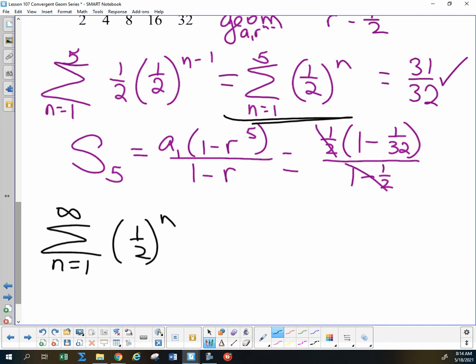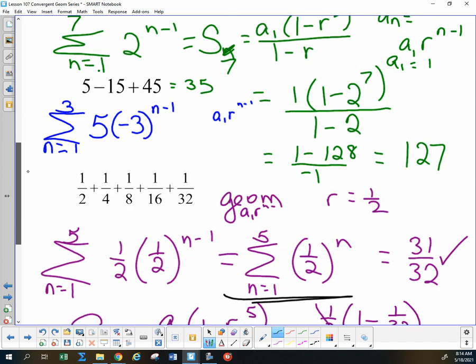So I am looking at a half plus a fourth plus an eighth forever and ever. And I'm going to say that does actually have a sum that we can find. It is a very special kind of geometric series.